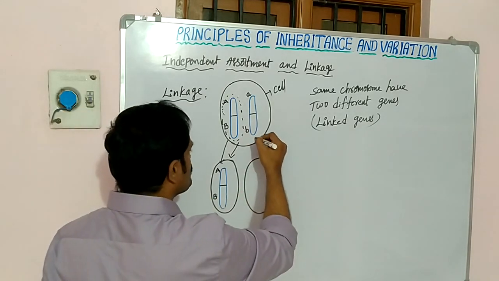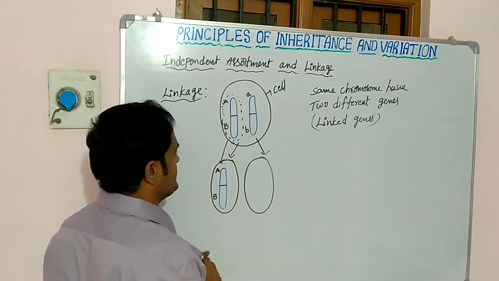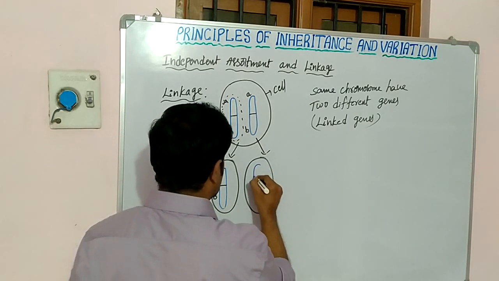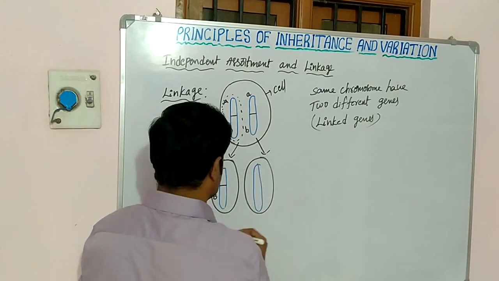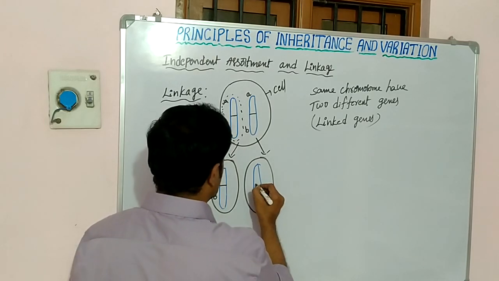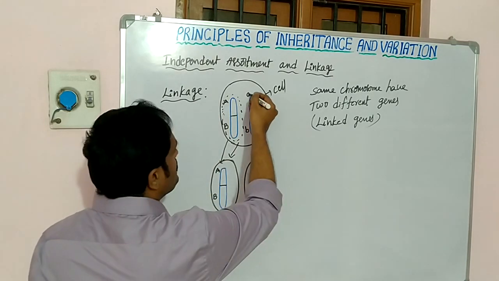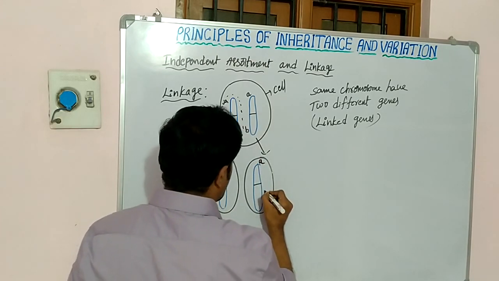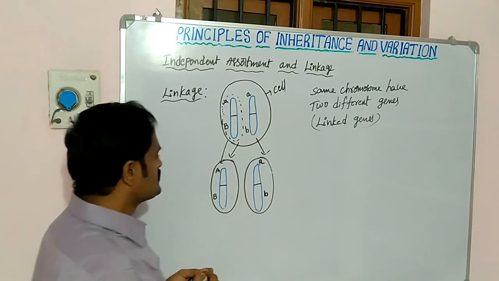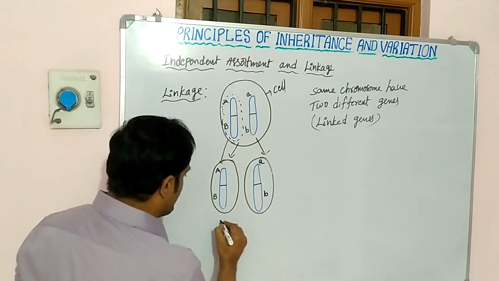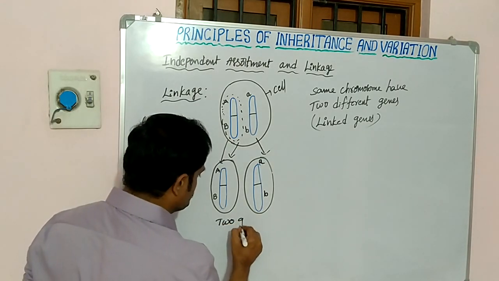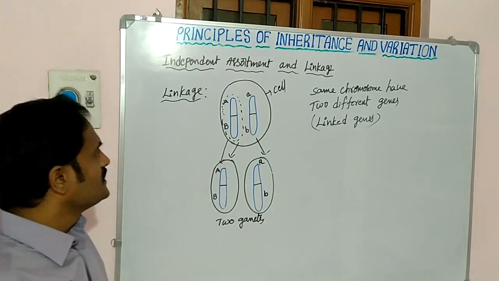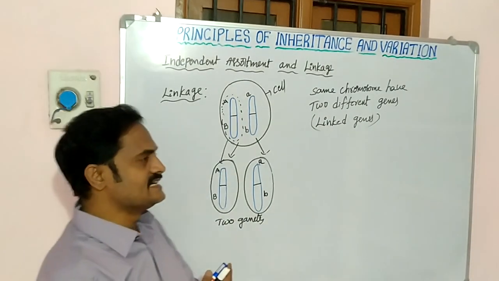And the other chromosome is sent to this cell. What kind of chromosome is present in this cell? Here also two different genes: small a and small b. So these are the two gametes.